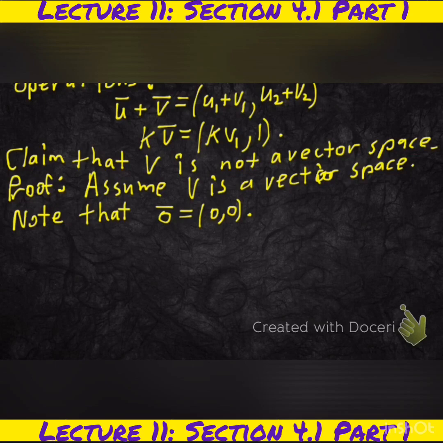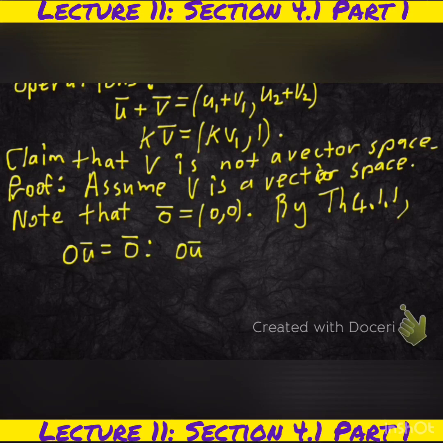By theorem 4.1.1, we have that 0 times the vector u has to be the 0 vector. Now if we look at 0 times the vector u, I'm going to use the scalar multiplication.